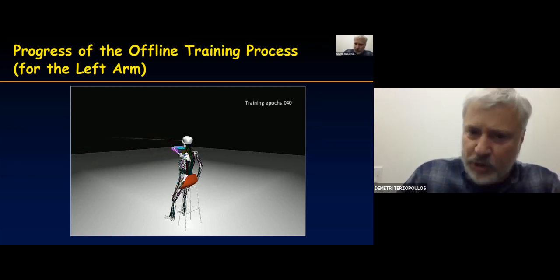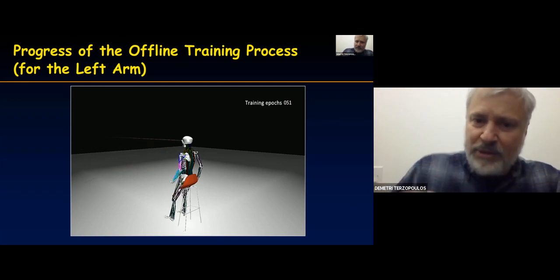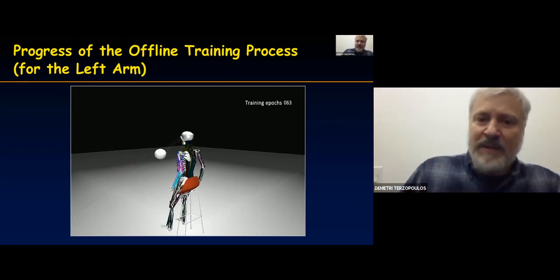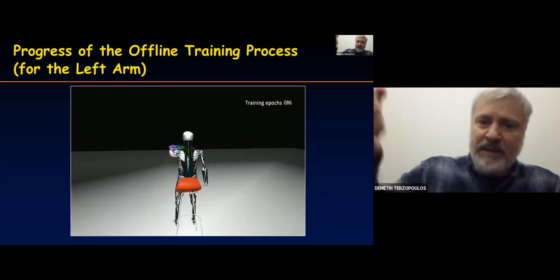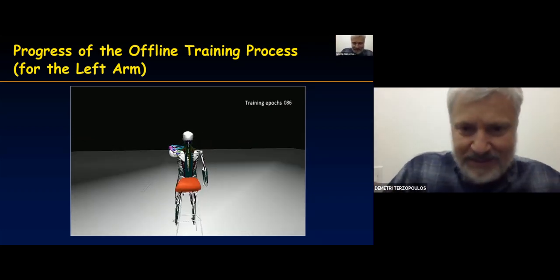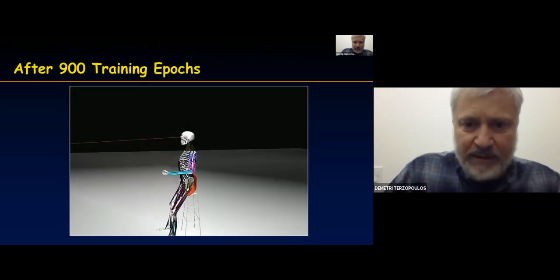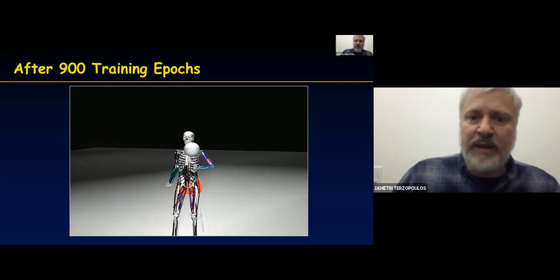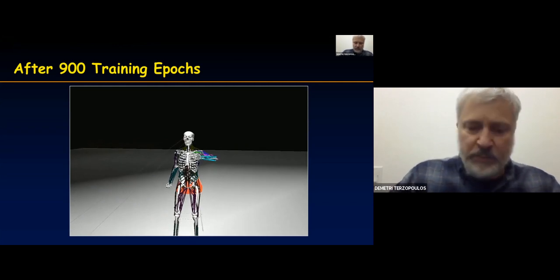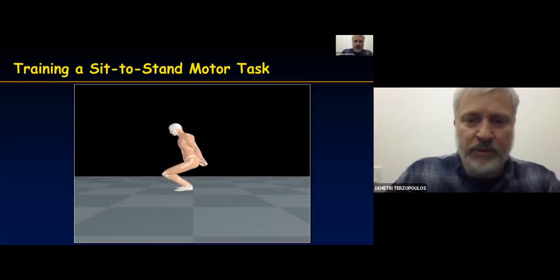At first, it's kind of jittery, but later the jitters go away and it becomes fairly smooth and is able to raise the arm against gravity and reach out and touch the target. And here you can see it fully trained. If it's properly trained, then it can do a smooth motion and reach for the target.